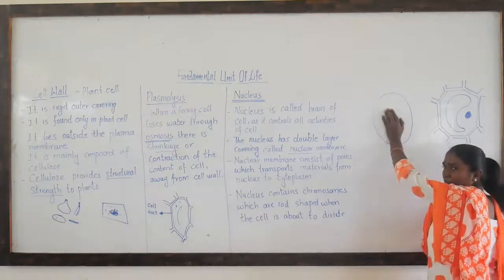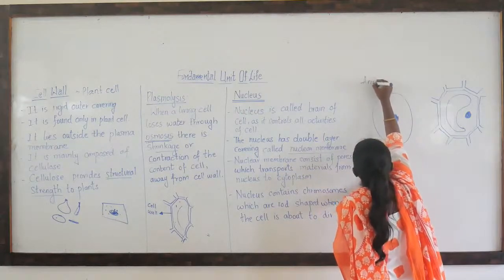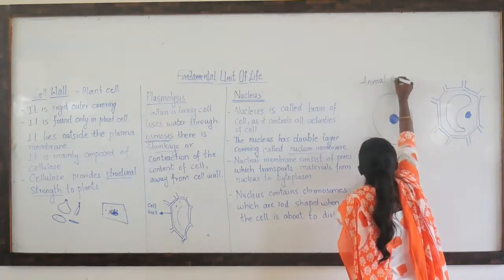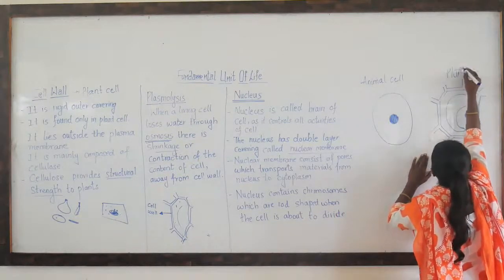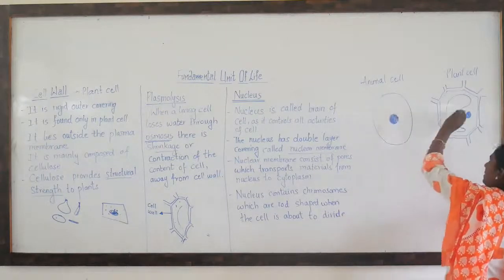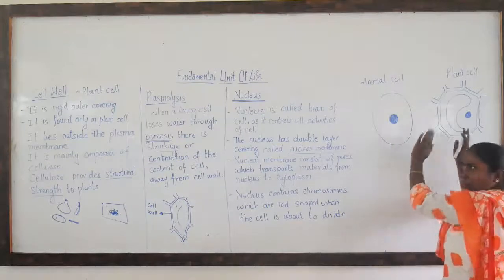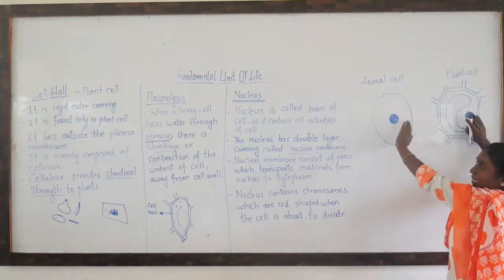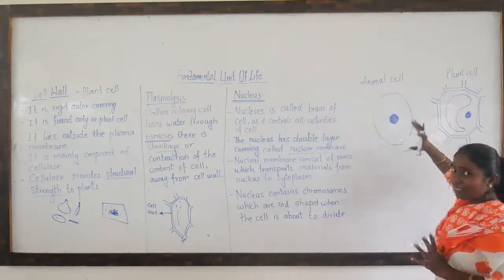I will write it. This is the animal cell and this is the plant cell. In animal cell, the nucleus is prominent and here the vacuole is prominent. Nucleus is present in both the cases, plant cells and animal cell. Nucleus is present, but in animal cell it is placed in the center and more prominent.